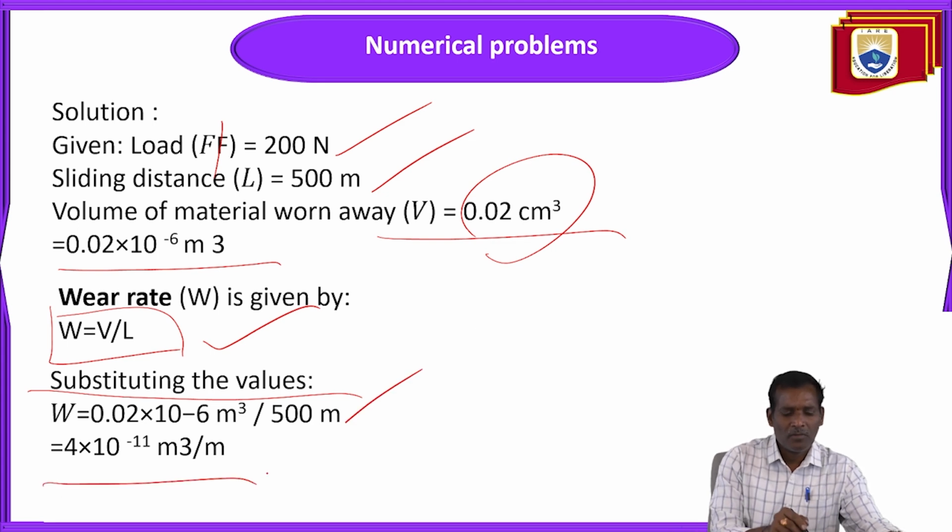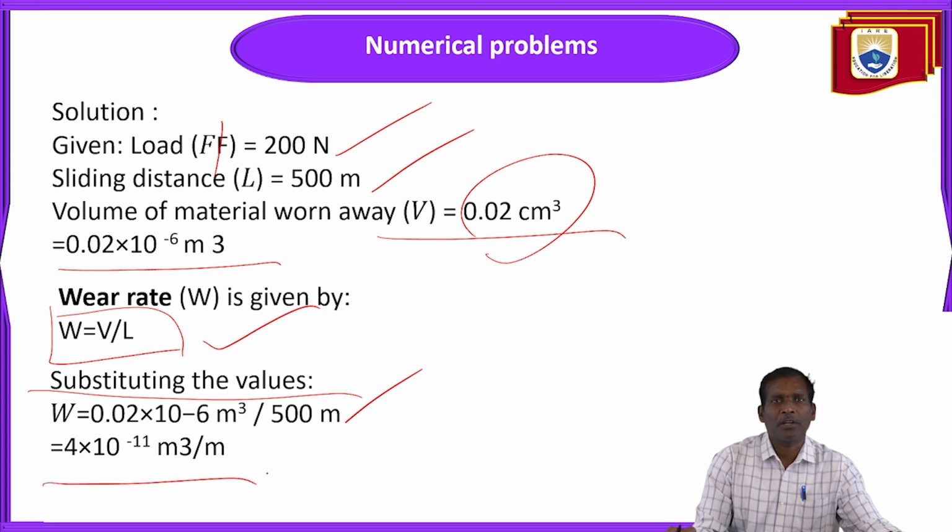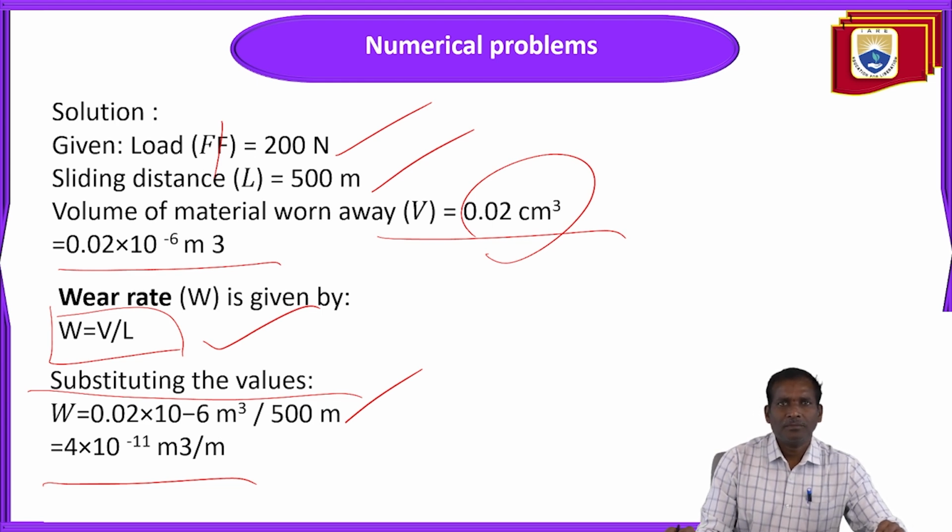So that is 4 multiplied with 10 to the power minus 11 meter cube per meter. So this is the wear rate calculation for the given load and sliding distance. Clear?